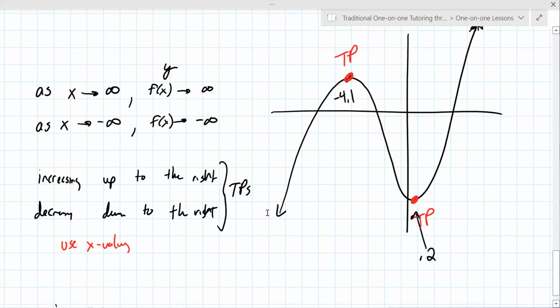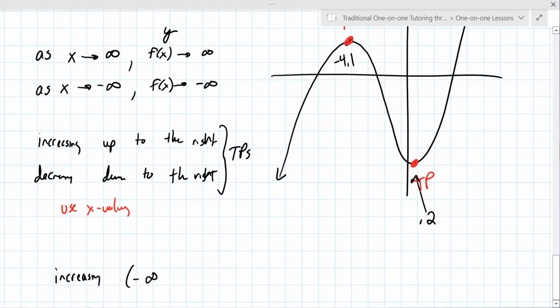You can't think of this as down to the left because we read left to right. Everything we look at is kind of left to right. This is going up and to the right, up and to the right. So it's increasing from minus infinity to minus 4.1. But it's also increasing on this other side, 0.2 to infinity. And again, these are the x values. It's referring to the x values.